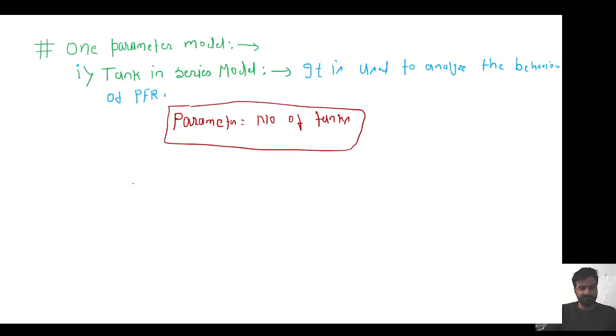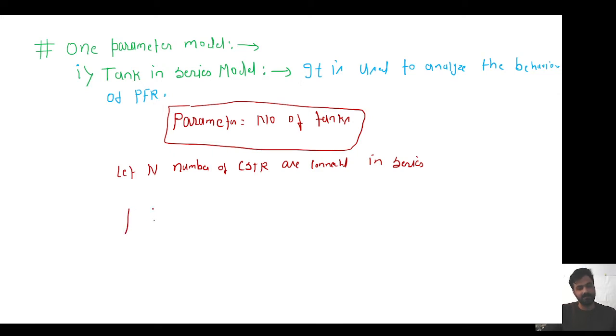Now I am considering n number of CSTRs connected in series. After that, I will let you know the objective of these things. Just try to understand.